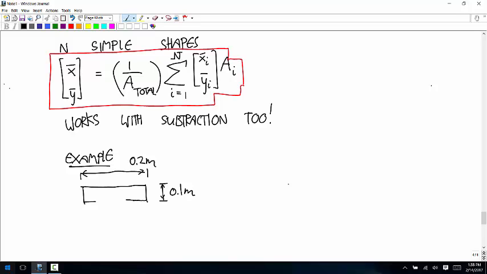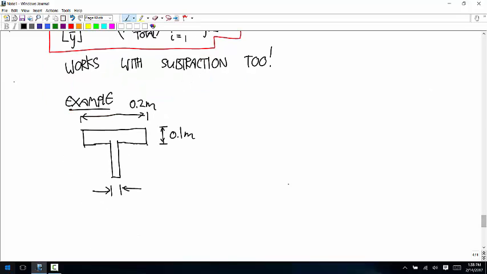And then there's a narrower vertical part with a thickness of 0.05 meters and a height of 0.2 meters.